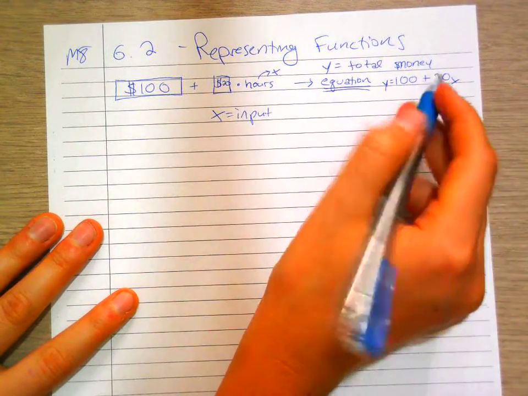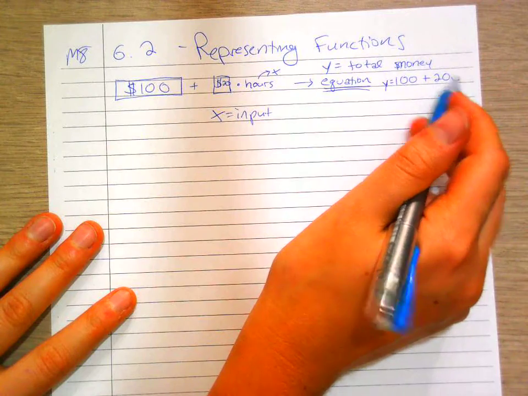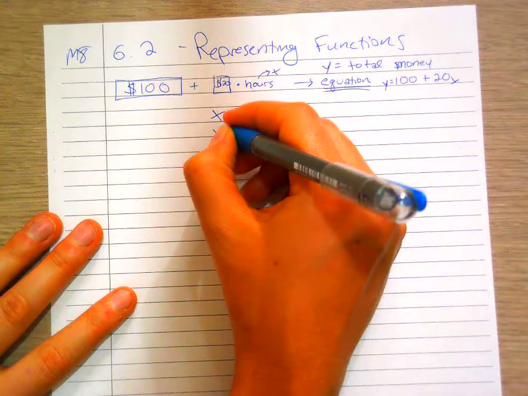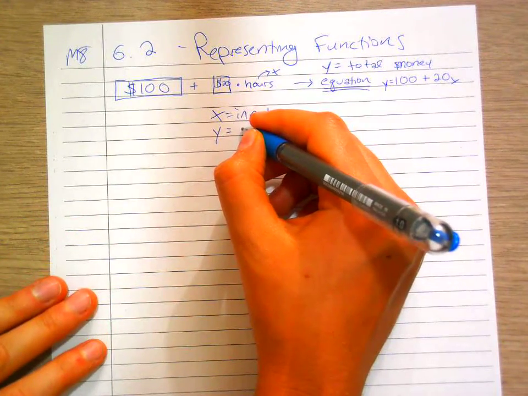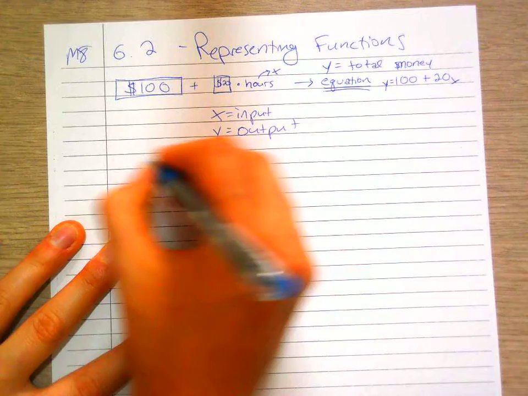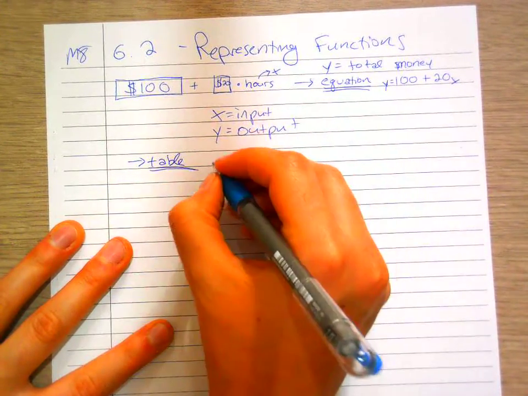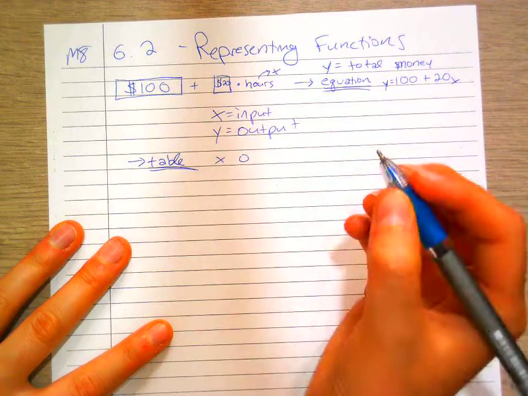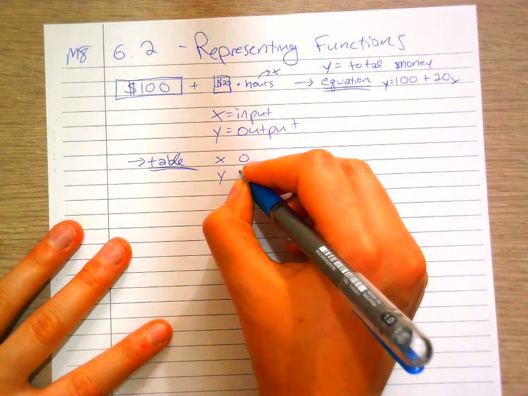Once we put in the number of hours, for example, 1 hour is 1 times 20, which is 20, plus 100 is 120. That gives us our output, the total amount of money. As a table, we could write x as 0. If she has gone 0 hours, then y is going to be 100.